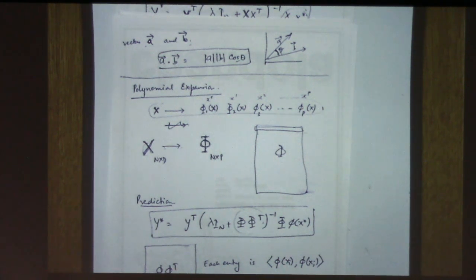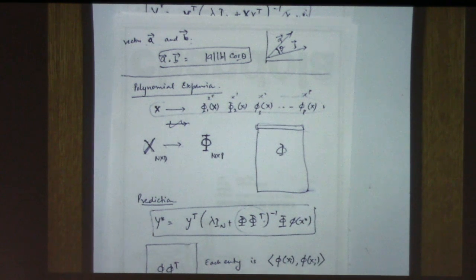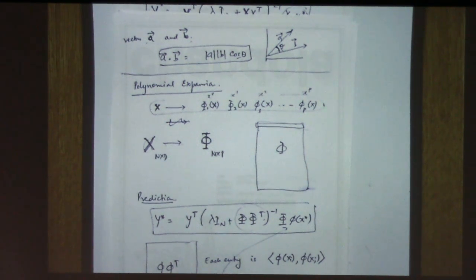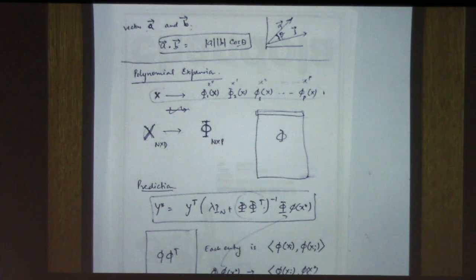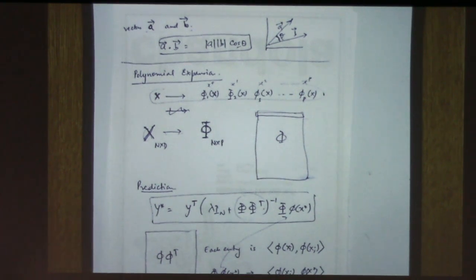That's the point. And for phi times this part, each entry will be an inner product between phi of xi and phi of x star. Any questions? Yeah, go ahead.